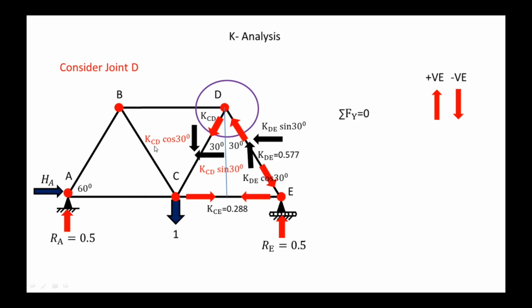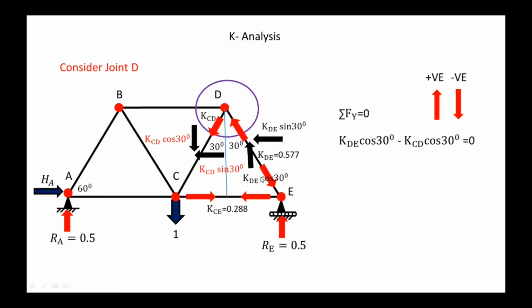Here KCD cos 30 is downward and KDE cos 30 is upward. So upward vertically is plus and vertical downward is negative. So KDE cos 30 is upward vertical, so it is plus, and KCD cos 30 is minus.